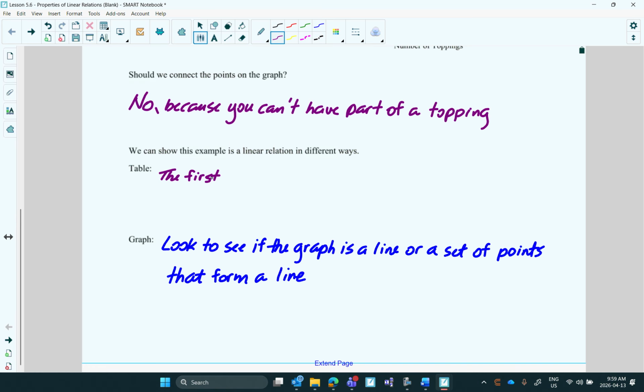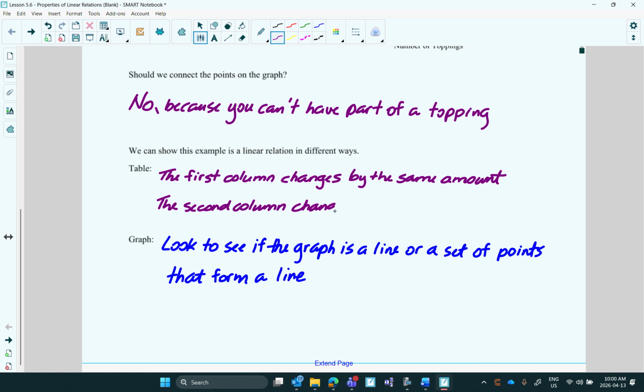The first column, and actually I'm not going to say goes up, I'm going to say changes, because it could go down. It is possible. The first column changes by the same amount. So in this case, it's going up by 1 with the pizza toppings. And the second column changes by the same amount.